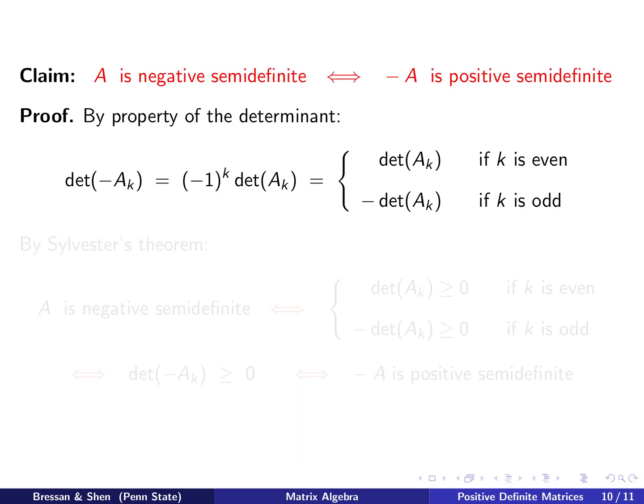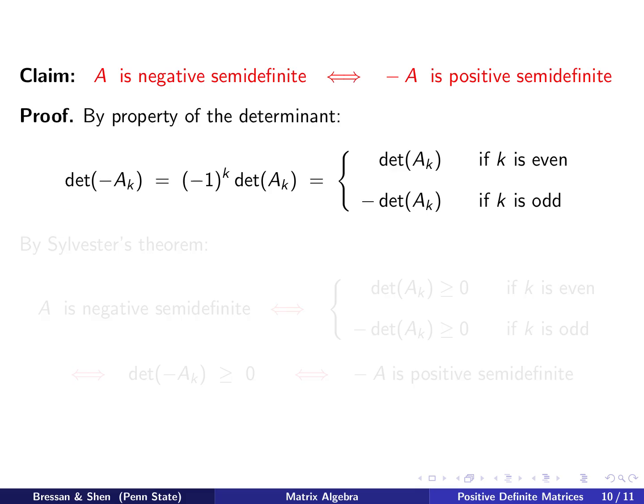Now we make a claim. The claim says A is negative semi-definite is equivalent to negative A is positive semi-definite. Let's look at a proof. We can go to the property of the determinant.